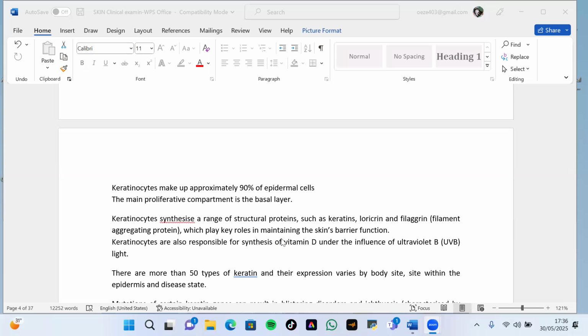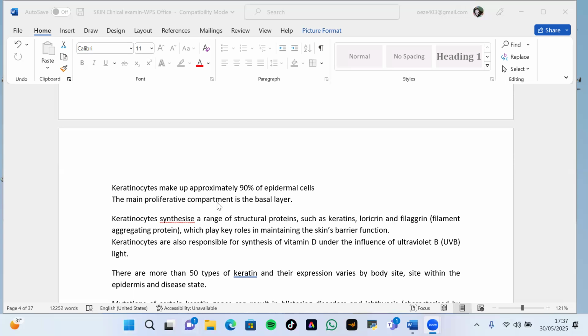Things are not able to penetrate the epidermis, which is the topmost part of the skin, because of the keratinocytes, which produce these keratins, loricrin, filaggrin. So they form the skin barrier. Also, the keratinocytes are responsible for synthesizing vitamin D under the influence of ultraviolet ray.